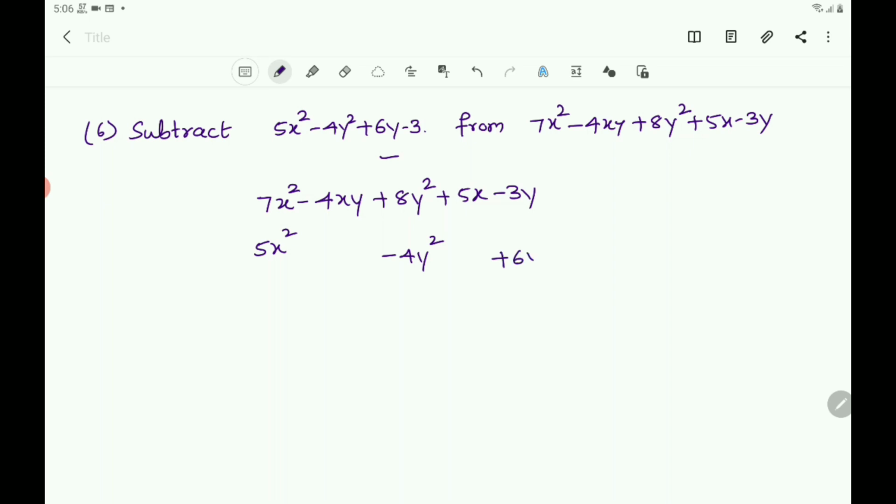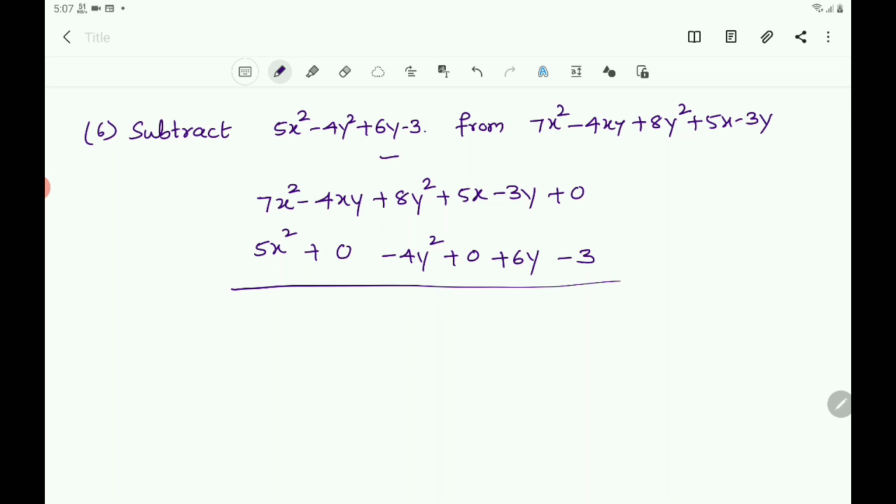And an extra minus 3 is there, you write it separately, because in the above expression there is no constant. For convenience, you can write 0 here, and 0 here also.